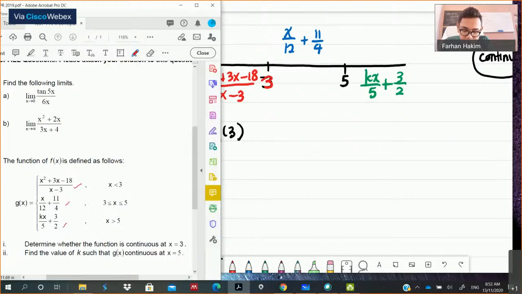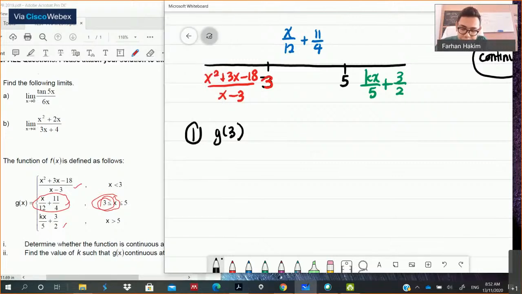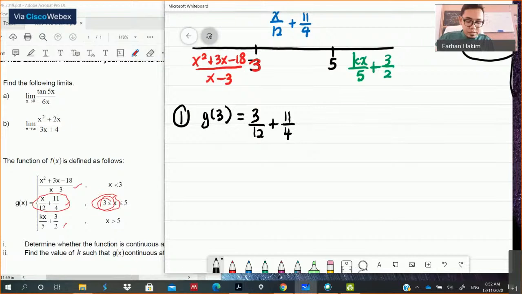Actually it's this function, because x equal to 3 is here. So we use this function and substitute x as 3. We will have 3 over 12 plus 11 over 4, which we can compute using the calculator, and we get 3.